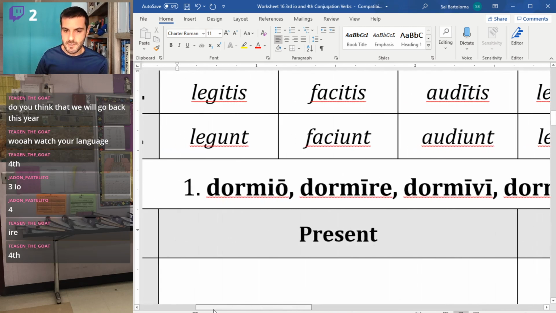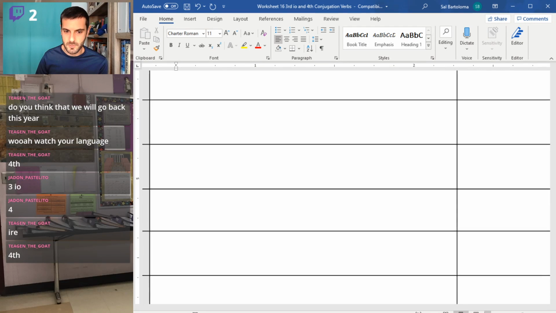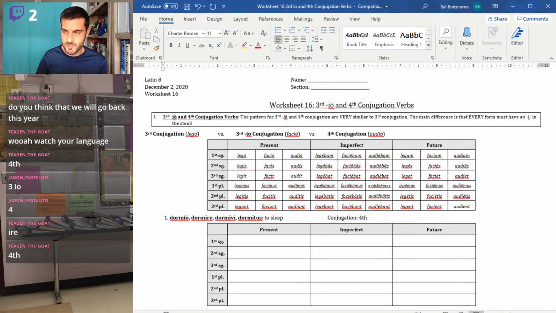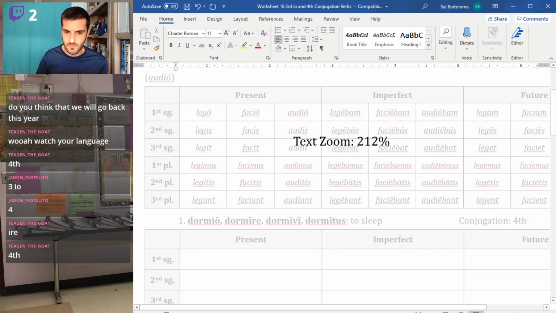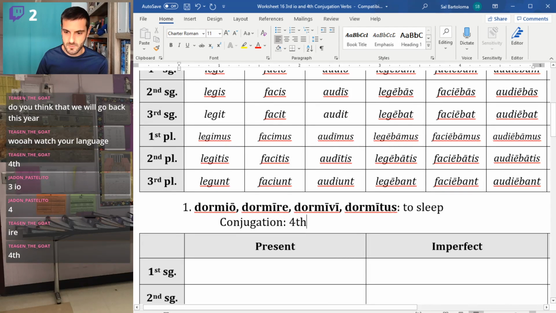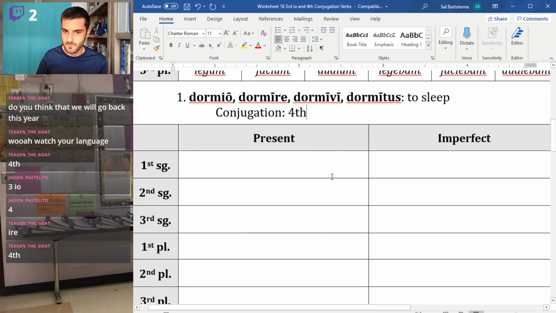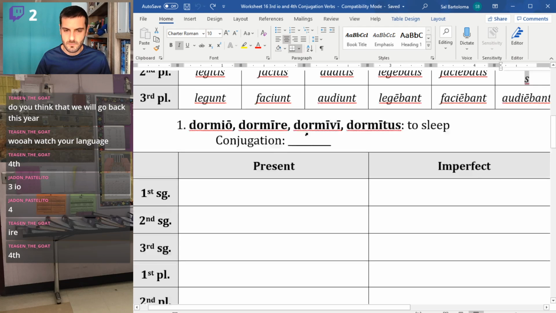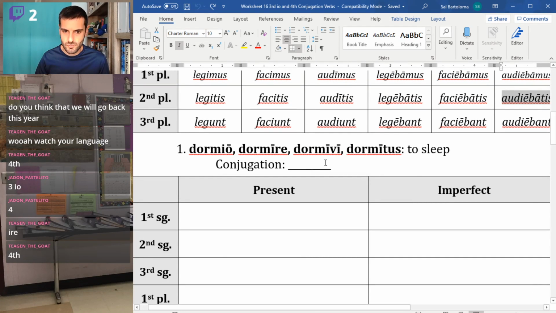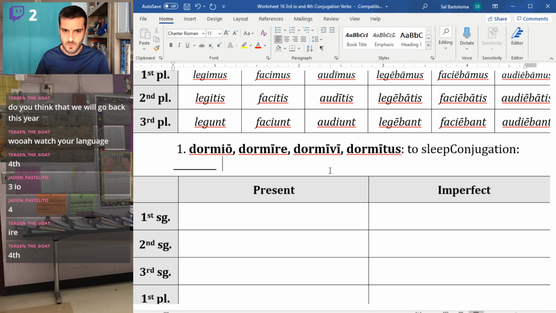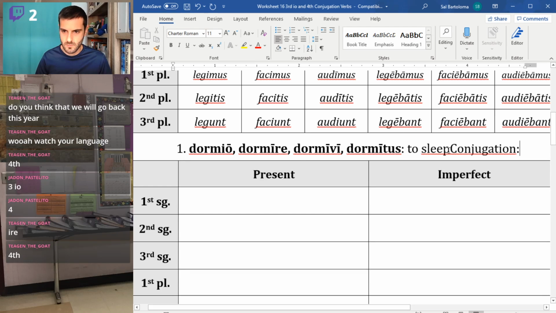Now to conjugate it in the present tense, zoom out a little bit here. Whoa, too much. Whoa, it's never done that before. That's new. Must have done something. I don't like what just happened. So how do we conjugate this verb? It is fourth conjugation.